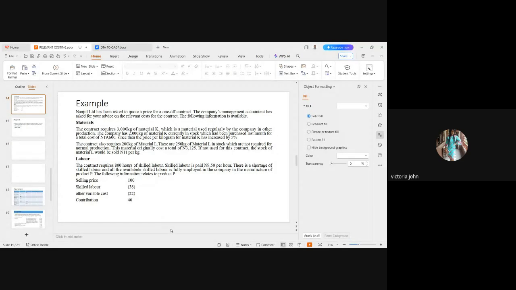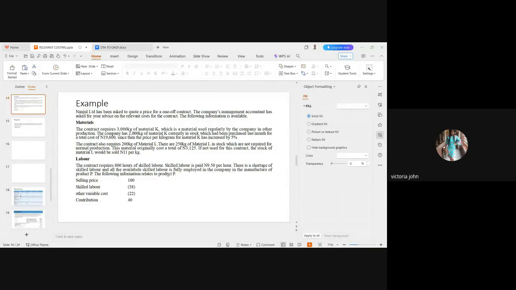Okay, ma'am. For the material K, which is regularly used by the company for other production, we require 3,000 kg but have 2,000 kg in stock.